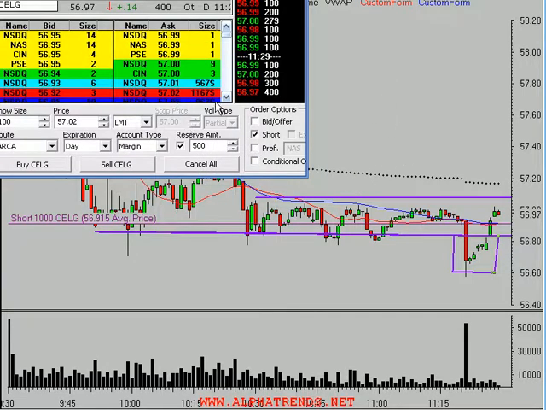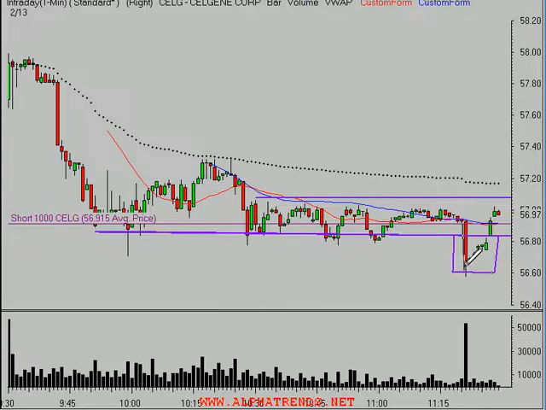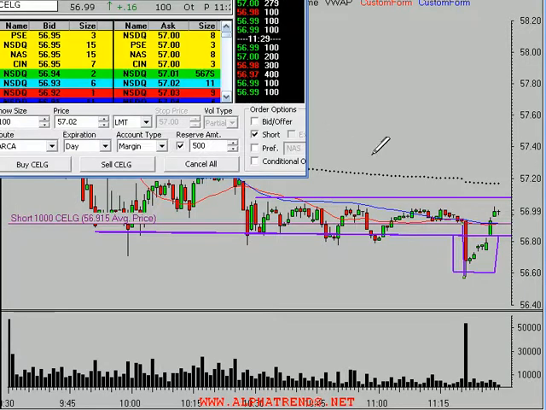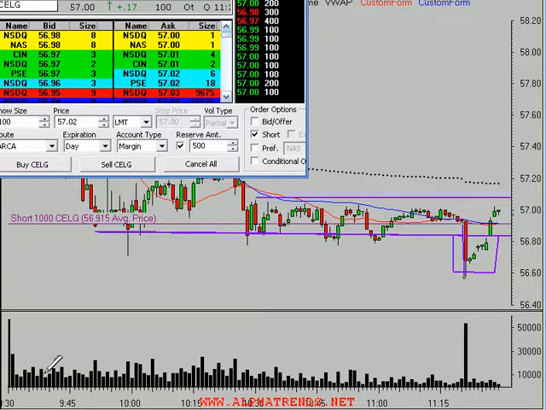Unfortunately, I didn't do what I like to do, which is always cover part of it on that initial move, reduce my risk and take part of the profits. So I'm going to give this a little more time to see what happens, but I'm not liking the action right now.